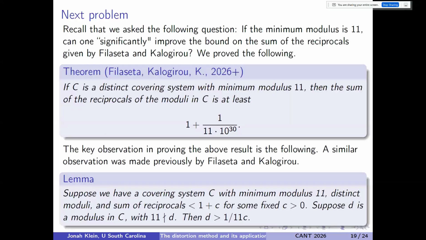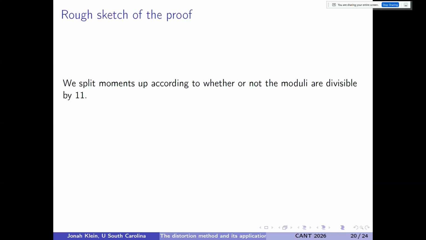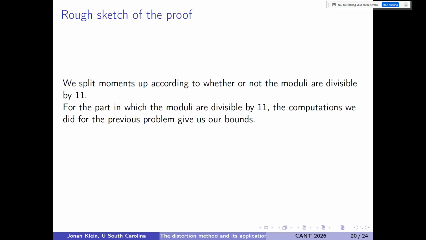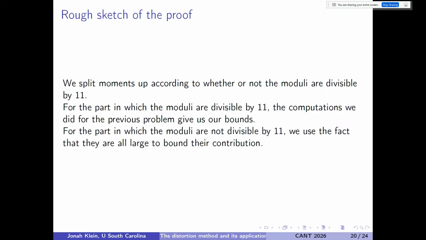So I'm going to give a rough sketch of the proof of the theorem. So we're going to split up the moments according to whether or not the moduli are divisible by 11. In the case where they are divisible by 11, we already did that. That was the previous problem. In the case where they are not divisible by 11, we have that lemma that tells us, well, those that are not divisible by 11 are actually very large.